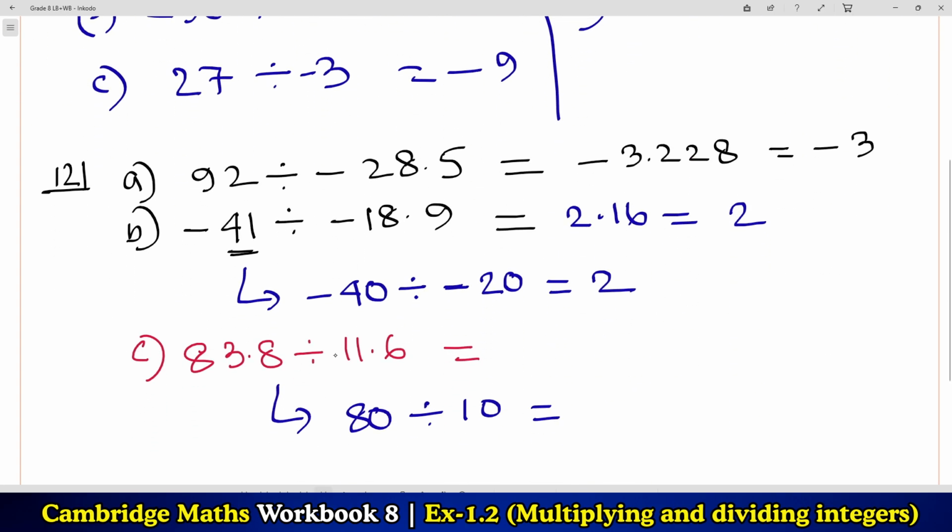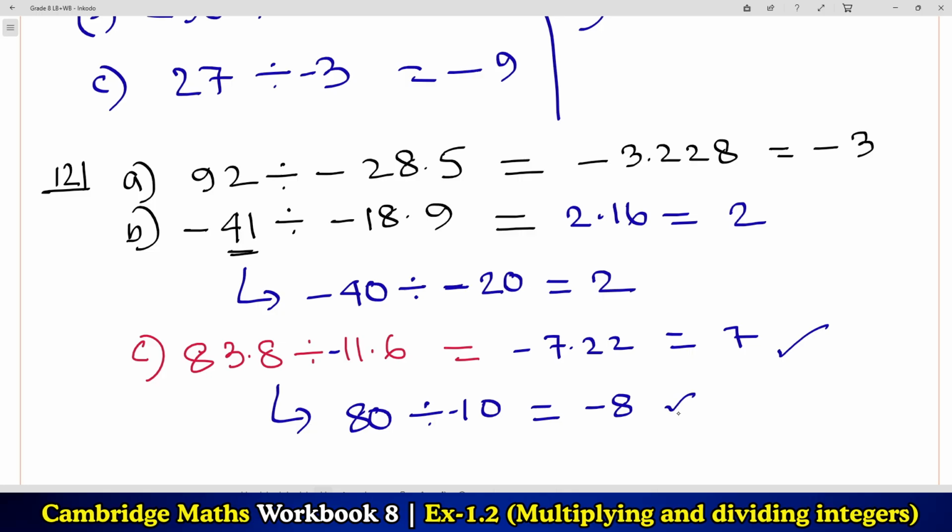Yes, minus. So it should be minus. So the result is -8. Okay. What if we consider the actual? 83.8 divided by 11.6. The result is 7.22. So here it is -7.22. So to the nearest integer, it will be 7. Okay. So I think you can follow this one.